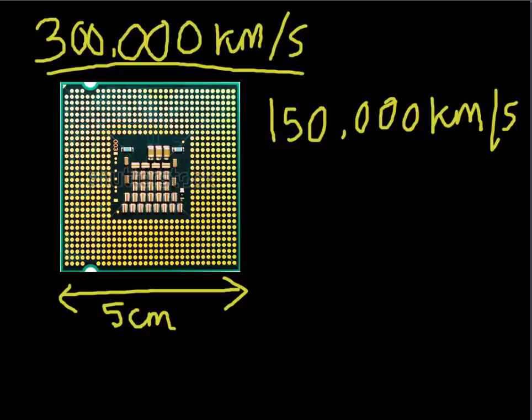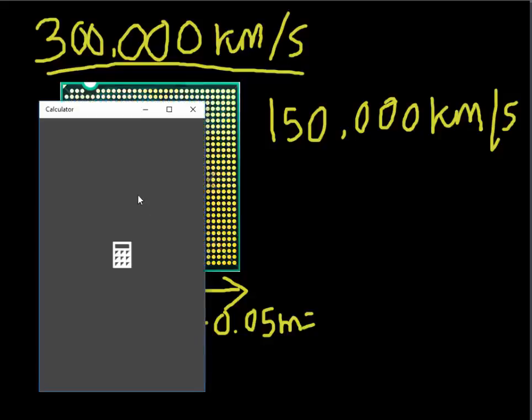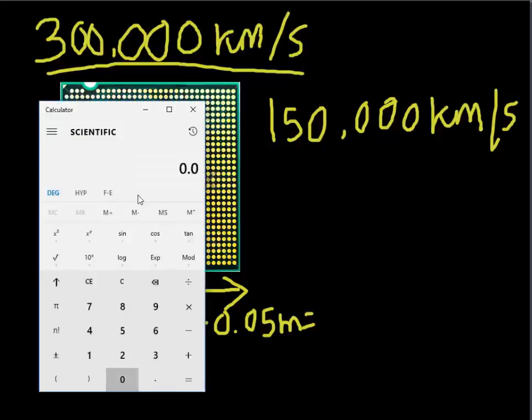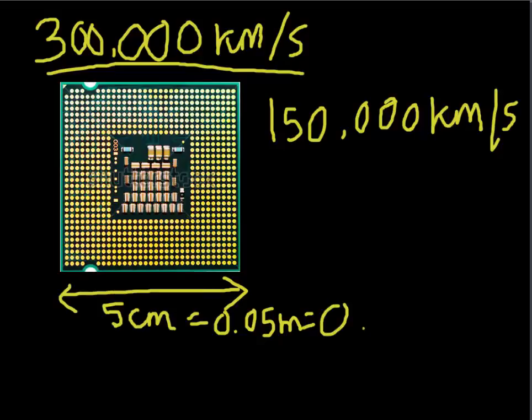So let's just calculate how much time it will take. 5 centimeters equals 0.05 meter, which equals, using calculator, 0.00005 kilometer.